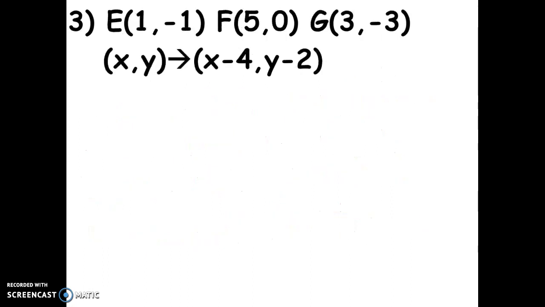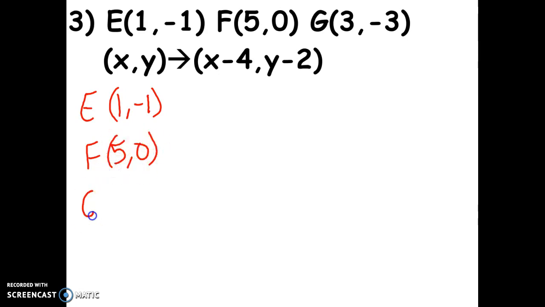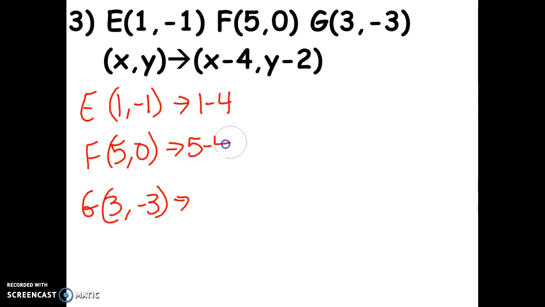All right, for our last example, we're going to follow that same process. F is 5, 0. G is 3, -3. Okay, so for this one, we see that we're actually going to be changing both the x and the y value. So the x minus 4, so 1 minus 4, 5 minus 4, 3 minus 4.